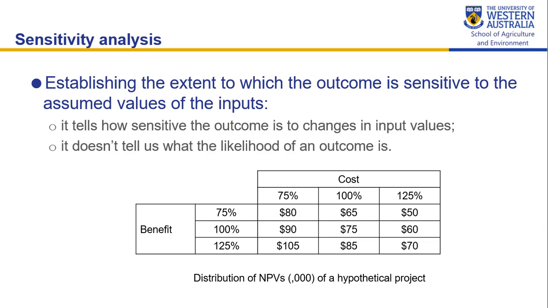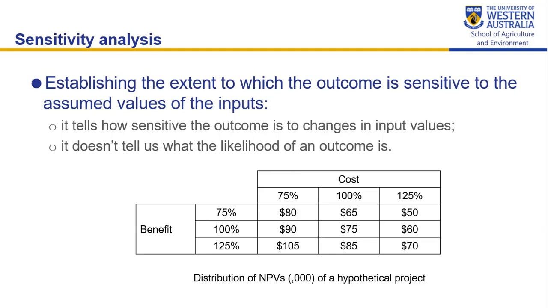Similarly, we can assume a very high cost, that is 125%, and very low benefit, which is 75%. Then the net present value is only $50. So with this example, what we can see is that it shows us how sensitive the outcome, in this case the net present value, is to changes in the input values, in this case the changes in the cost and benefit.